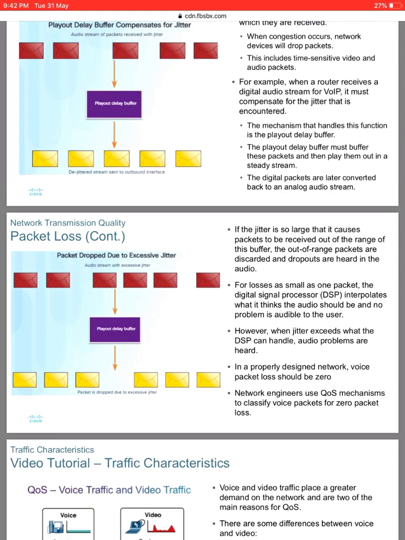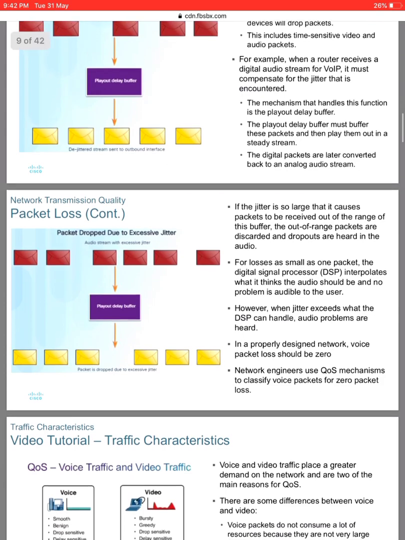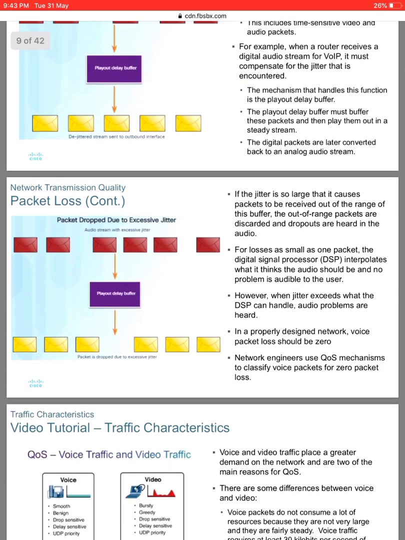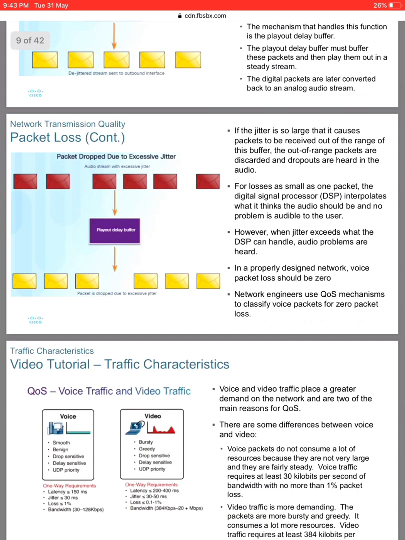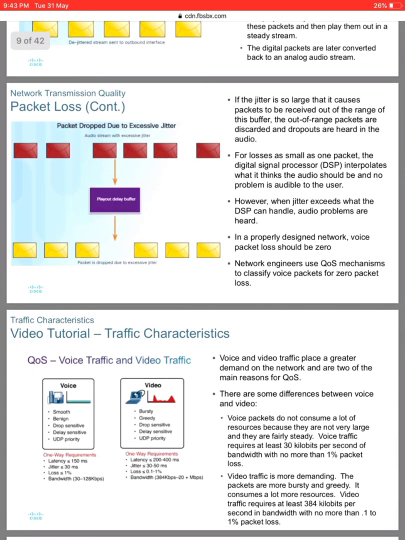The digital packets are later converted back to an analog audio stream. If the jitter is too large that it causes packets to be received out of the range of this buffer, the out-of-range packets are discarded and dropouts are heard in the audio.